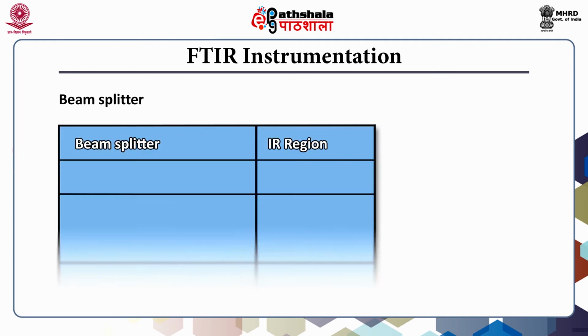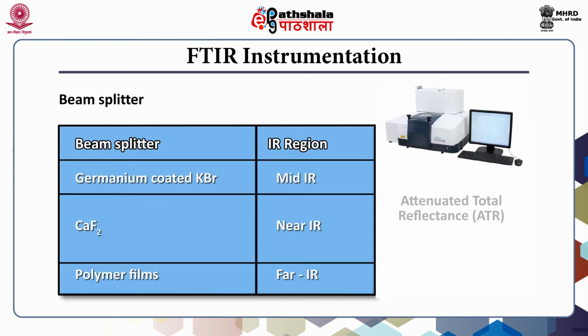A beam splitter transmits 50% of radiation and reflects the remaining 50%. But an individual beam splitter has limited range, and therefore several beam splitters may be required for covering a wide range. Germanium coated KBr is used for the mid IR region.